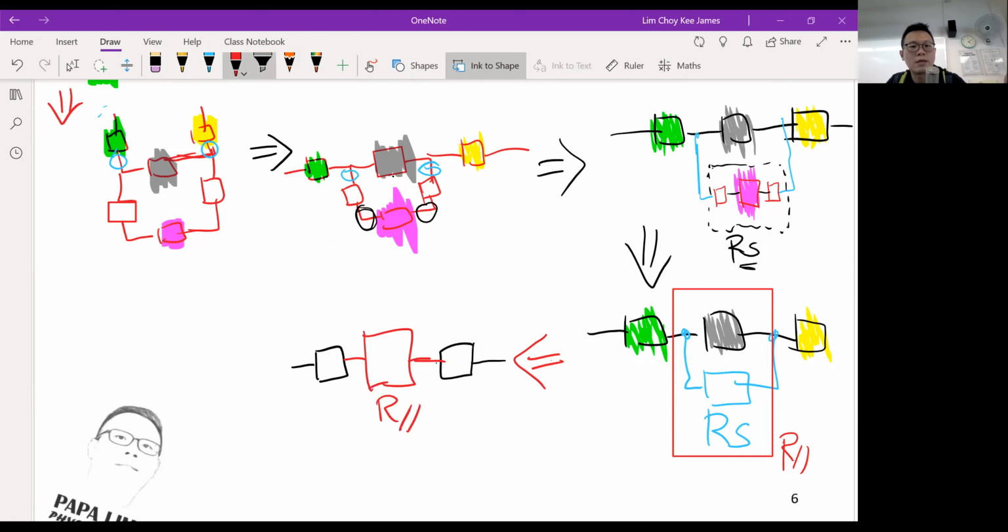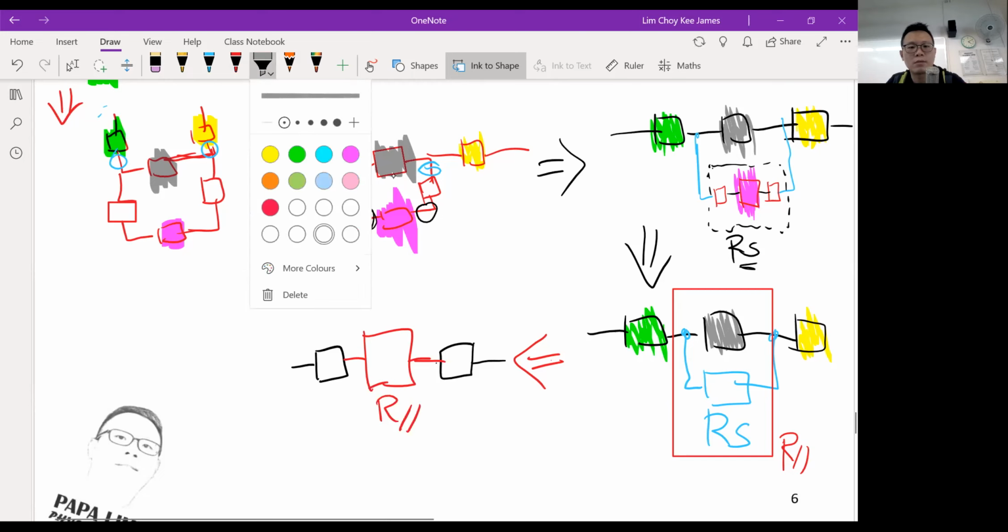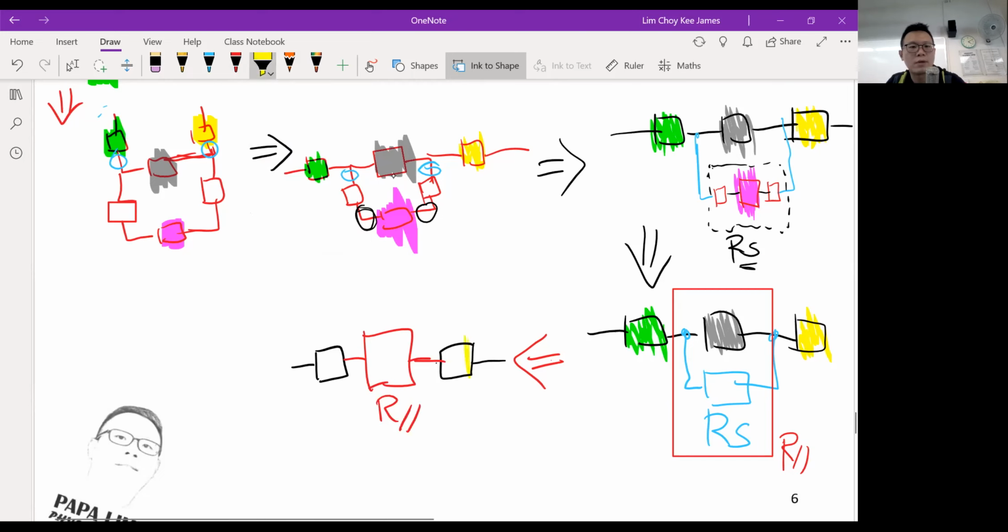If you look at the color coding again, I don't think I need to do any more color. Yellow is fairly obvious, and this is green, which is also fairly obvious. So now you will have three resistances side by side, and this particular arrangement is 100% series.